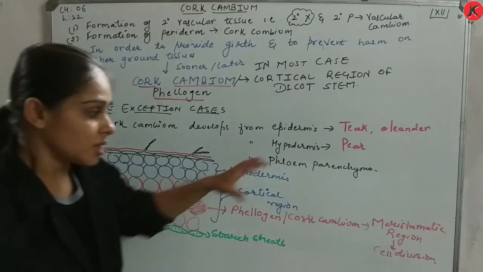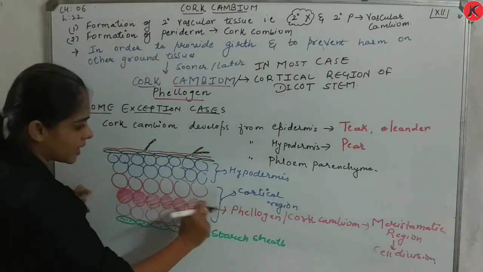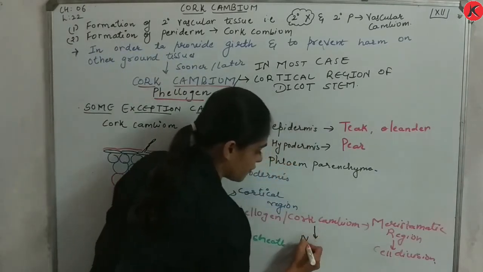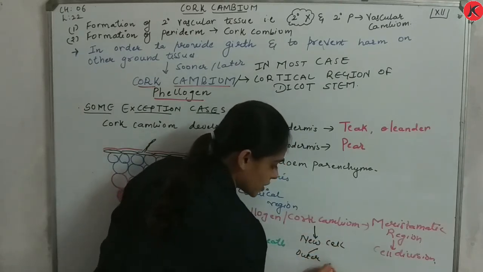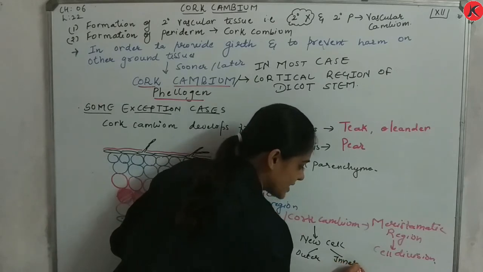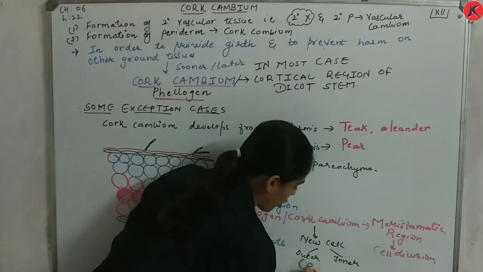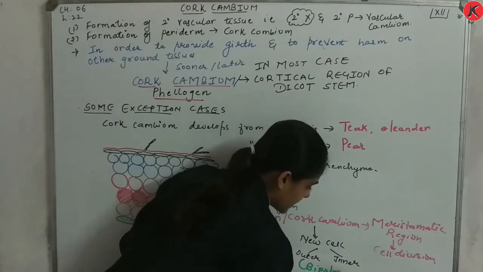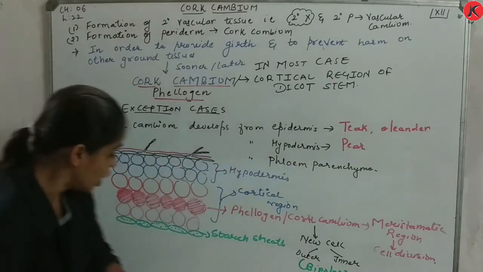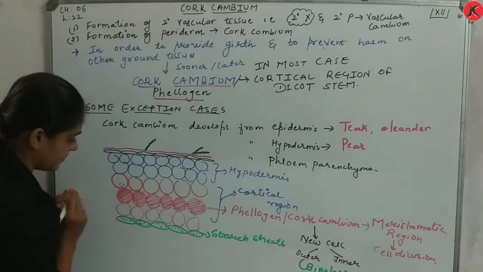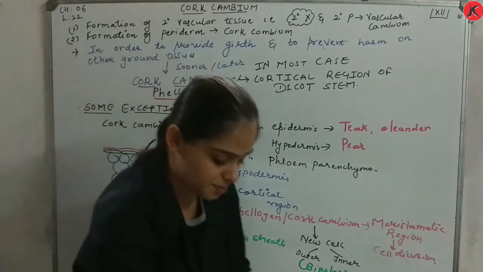So once this cork cambium is formed, है ना, ये cork cambium बना, तो what happens? They are going to form new cells towards outer side as well as inner side, and hence they are called as bipolar. Bipolar in the sense what? They are going to add new cells outside and new cells inside, and hence they are termed as bipolar.